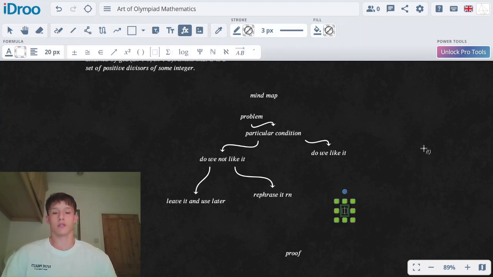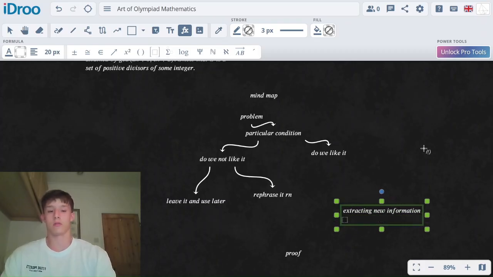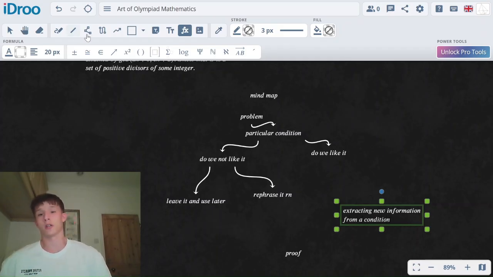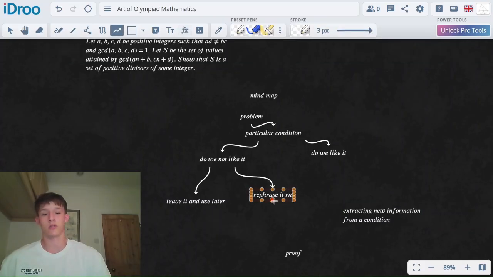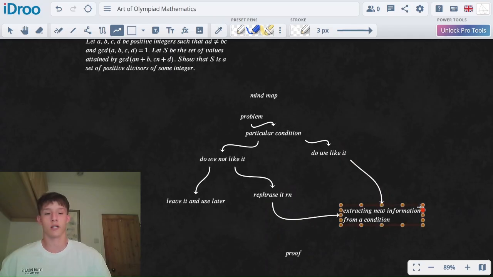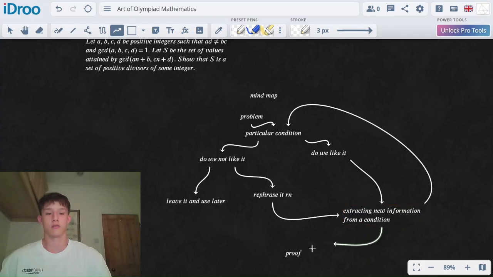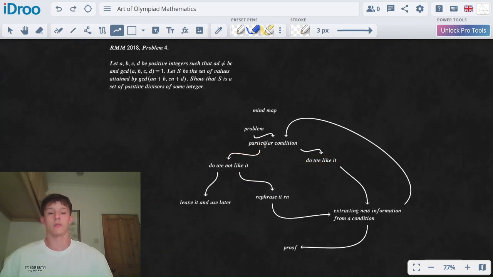But the end result is always the same: extracting new information from a condition. Using deduction or reduction doesn't matter, but we always want to extract some new information. And by extracting new information, we go back to this loop of new conditions that we get. And then from there we go to the proof at some point when we gather enough information. That's a mind map of any question. So just remember how to structure this thing.